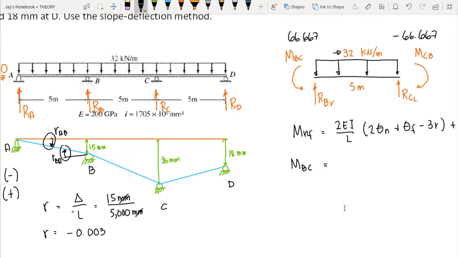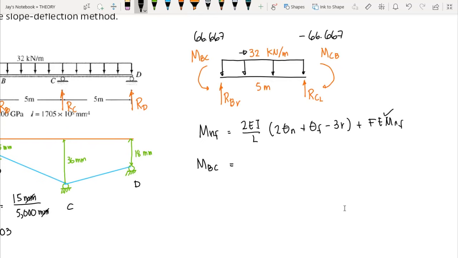They have a 32 kilonewton per meter load, the same as member AB, and also they have the same length, 5 meters. We will no longer compute the fixed end moment because we have already done this from the previous free body diagram. Since member AB and member BC have the same uniformly distributed load and the same length, they should have the same fixed end moments.